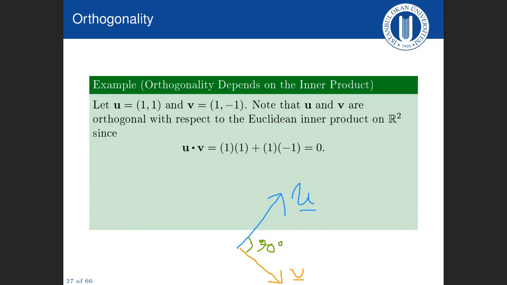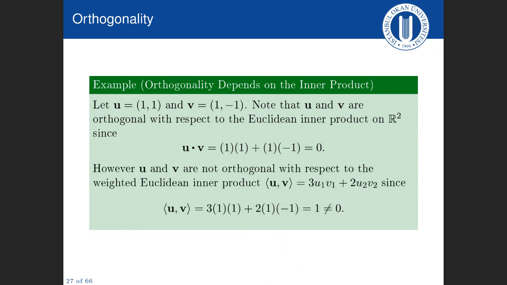Note that u and v are orthogonal with respect to the Euclidean inner product or the dot product on R2, because u dot v is equal to the number 0. However, they're not orthogonal with respect to this weighted Euclidean inner product that we looked at earlier, because then the inner product of u and v is 1, which is not 0.